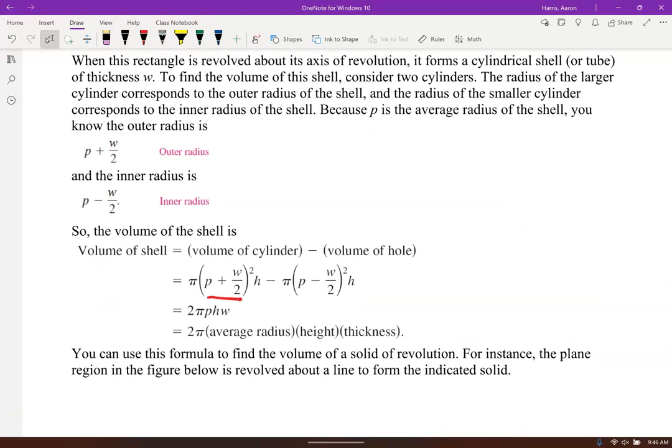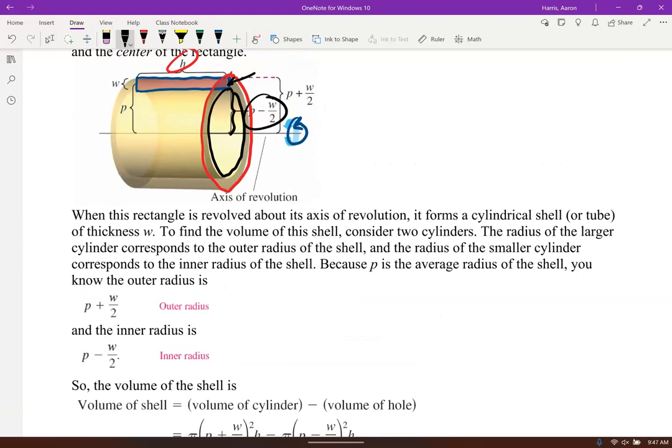And so if we subtract out the volume of the hole and clean that all up, you'll have 2 times pi times the average radius. Let me do it in blue: the average radius, that's the P, right to the middle of that rectangle.